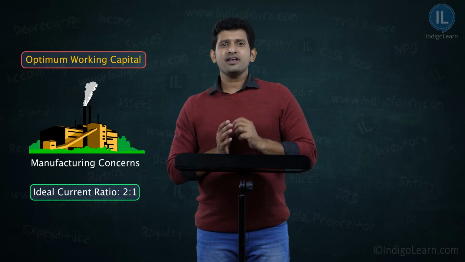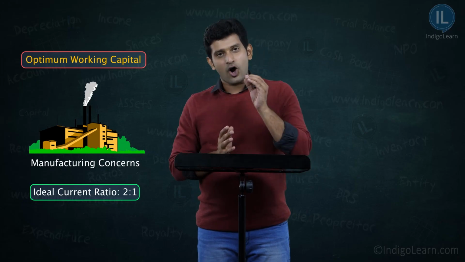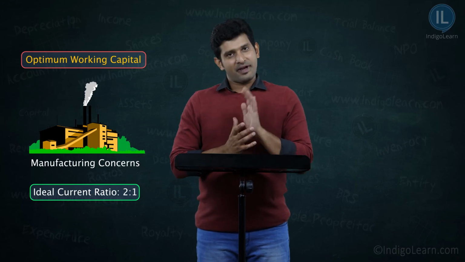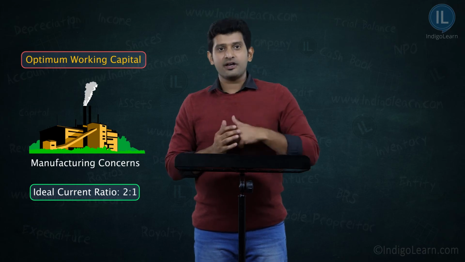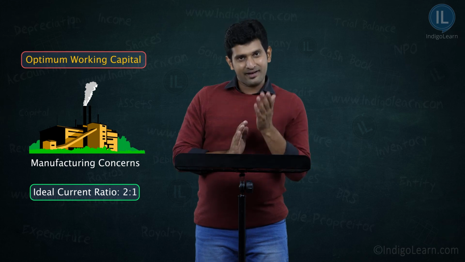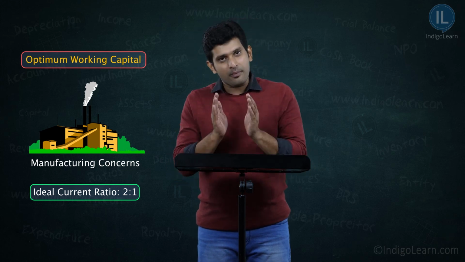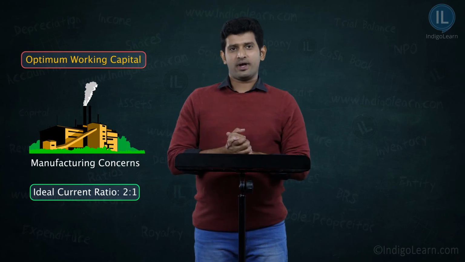Therefore, generally for manufacturing concerns, we can say 2:1 is considered optimal. When you talk about the current ratio, the current assets should be at least twice the current liabilities to address these current liabilities, to have a proper liquidity position and not to have too much unnecessary blockage in working capital.